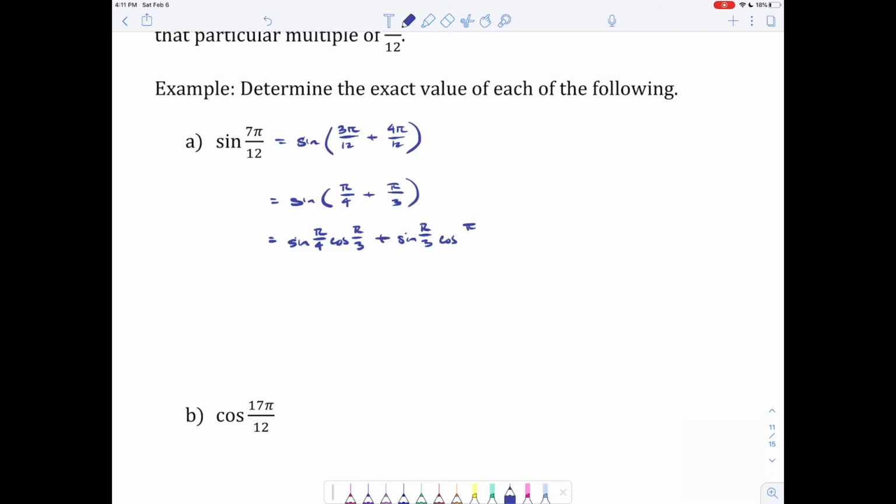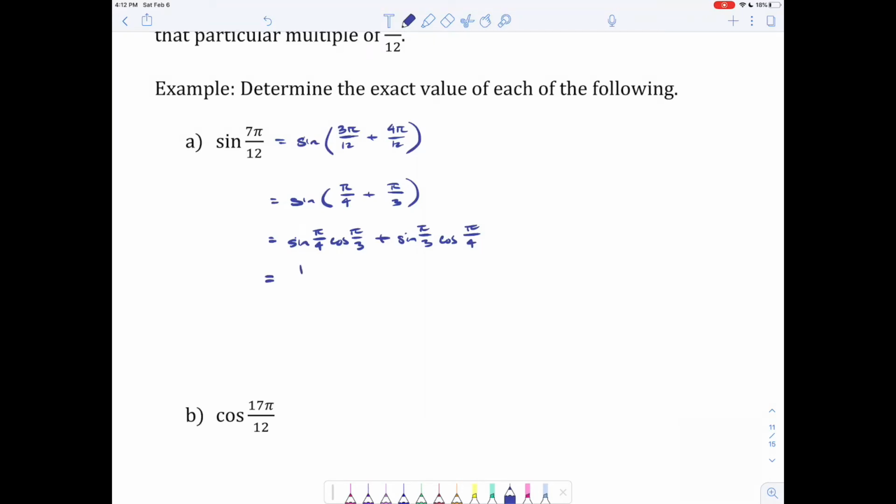Wait. I'm just realizing that sometimes my pi's look like 12s. I'm just going to rewrite them so they look beautiful. Lovely. Now we can evaluate each of those individually.